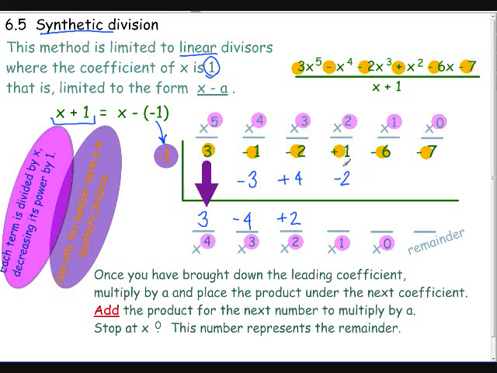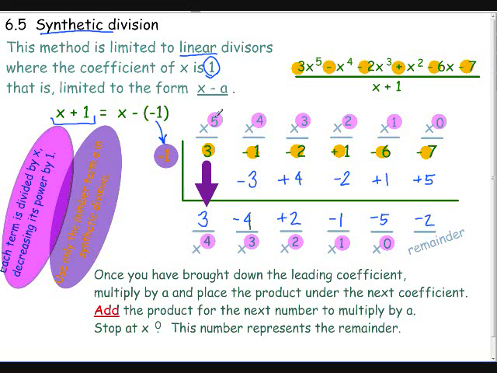Add. -1. Multiply. +1. Add. -5. Multiply. +5. And add. -2. So what does this all mean?